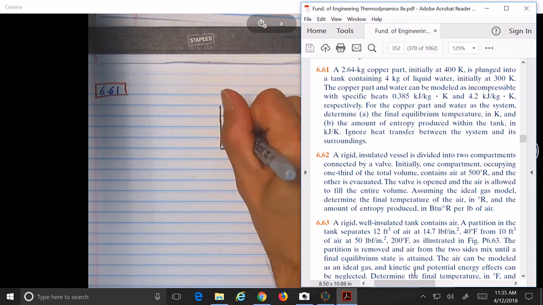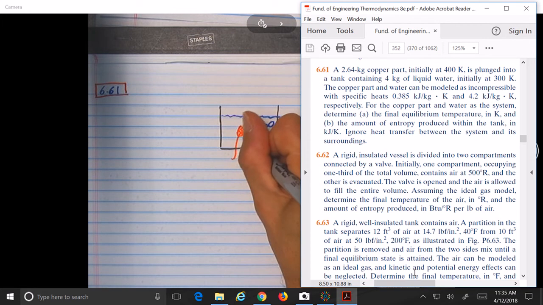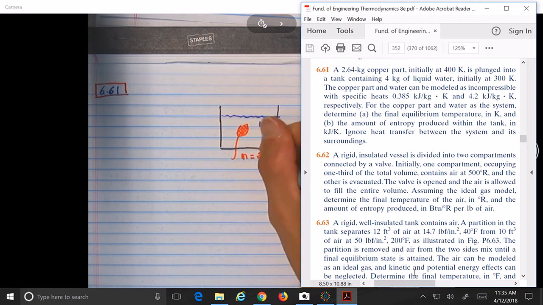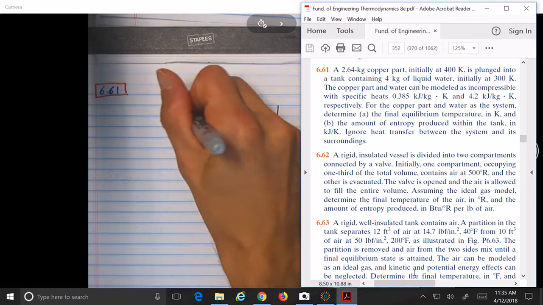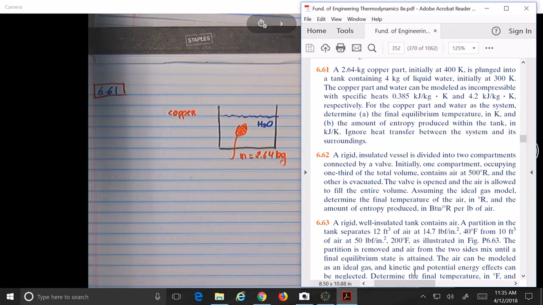We know the mass of this is M equal 2.64 kilograms. I don't know if it's important if it's copper or not. I don't think so, but maybe it's important. So what do we know? Maybe for a specific heat, yeah, we might need that.